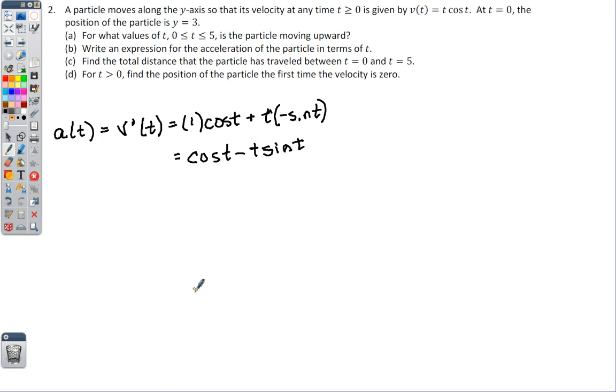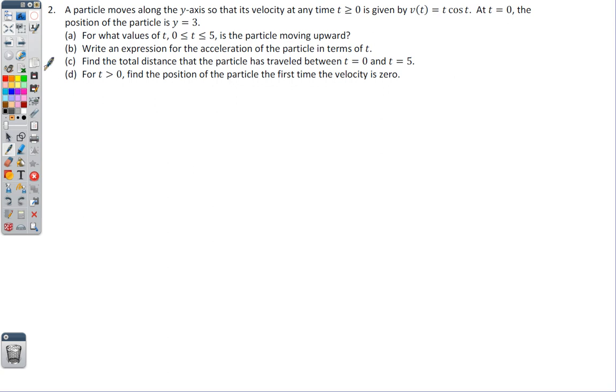All right. Part C. Find the total distance that the particle has traveled between t equals 0 and t equals 5. So here they're asking for total distance, not displacement. So with total distance, we want to make sure that we're using absolute value so that we're considering not just the distance between where it started and where it ended, but we're considering forwards, backwards, that kind of thing, right?